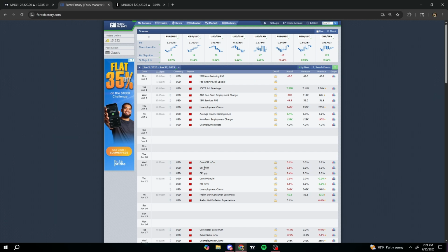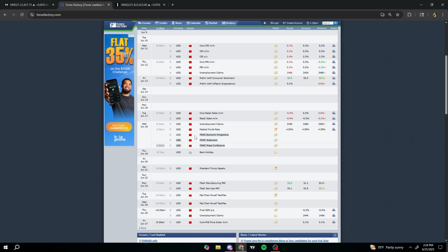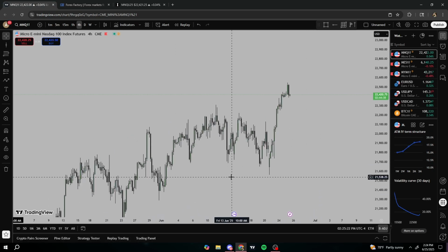So you can see CPI Wednesday, I wouldn't trade this day. Non-farm payroll, so the first Wednesday, Thursday, Friday of the month is NFP. Those 3 NFP days, I don't want to touch at all. And then as you can see, FOMC right here on Wednesday, June 18th, I don't want to touch this either. They're touching interest rates. A lot of you don't want to be touching those parts of the market.